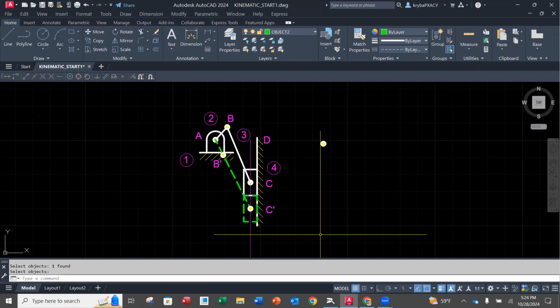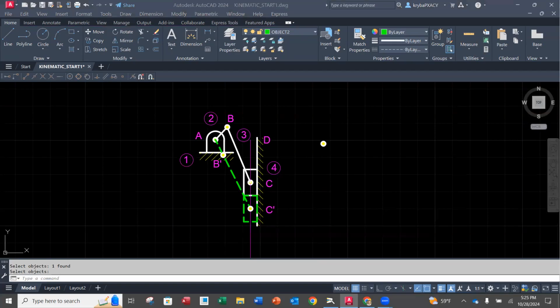Okay, now let's do the nearest position. So, is there ever a scenario where link number 2 is longer? No, that is one of the constraints that we have on this.